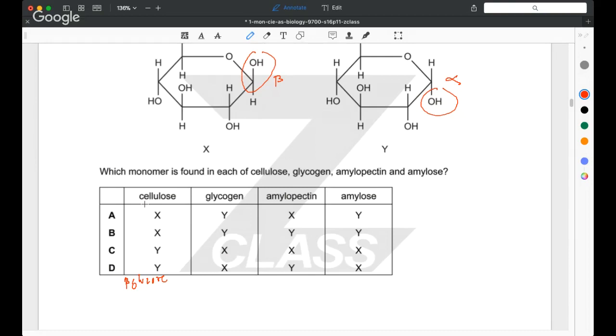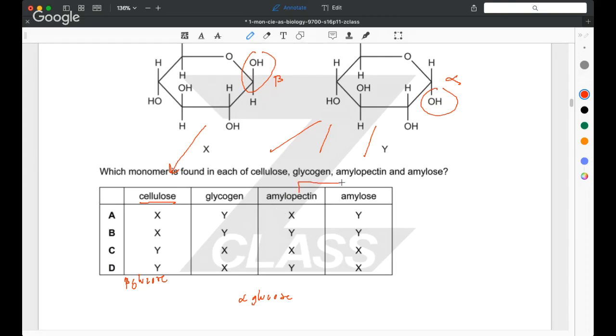So cellulose is a polysaccharide, a polymer built up from beta-glucose units. And then all these three are all polymers built from alpha-glucose. Okay, so the beta-glucose is going to that one, and then the alpha-glucose is used as a monomer for each of these three. So while we're here, we just distinguish between them.